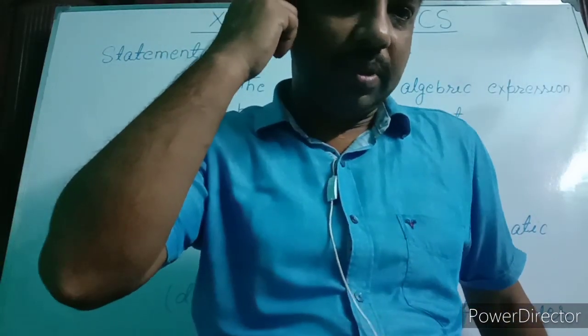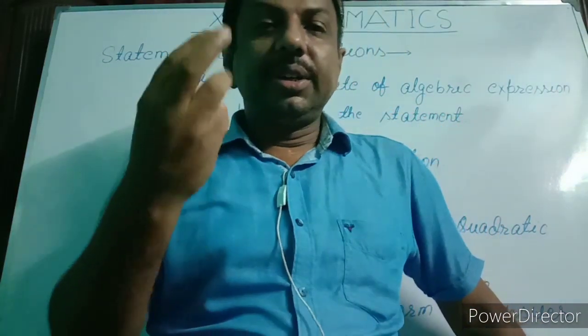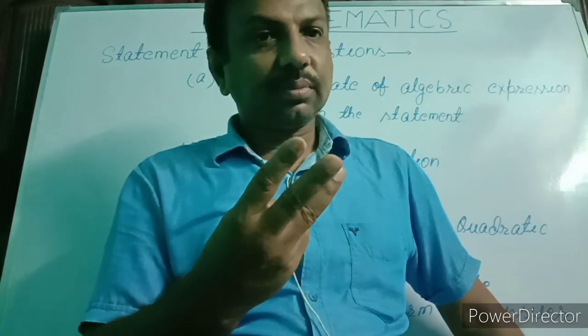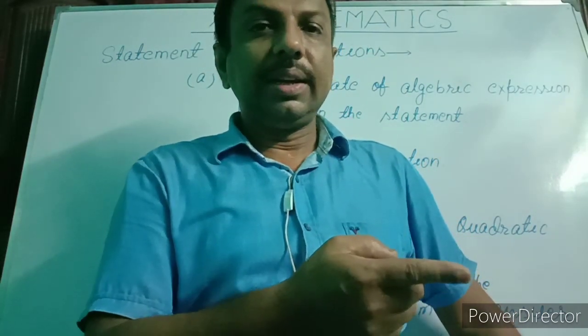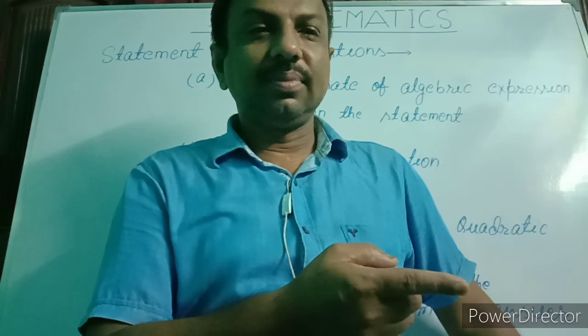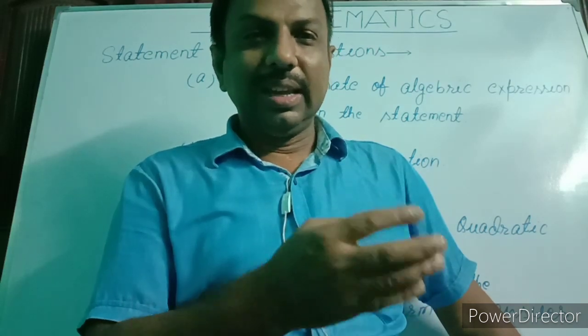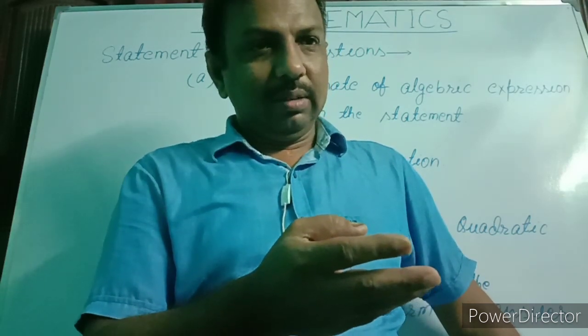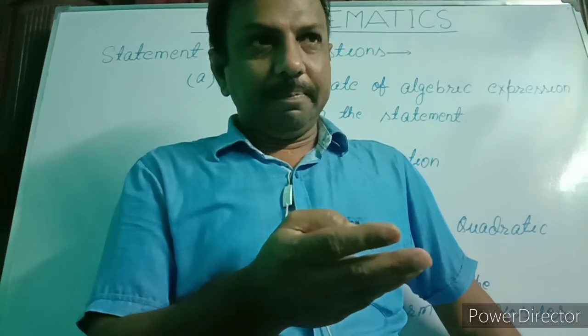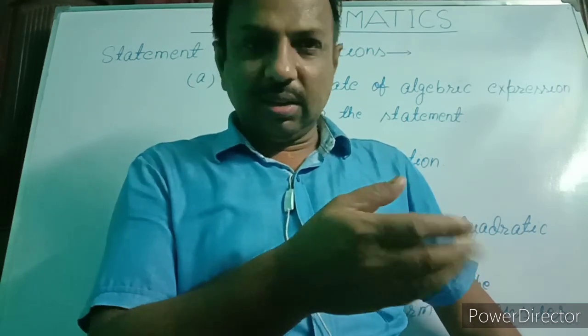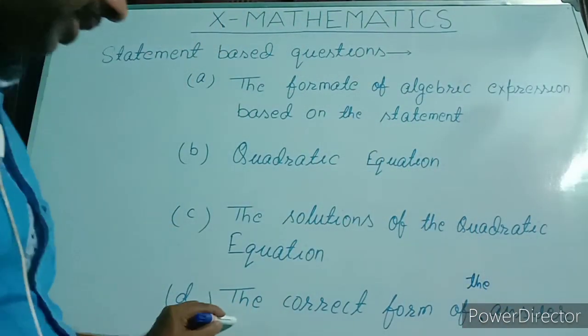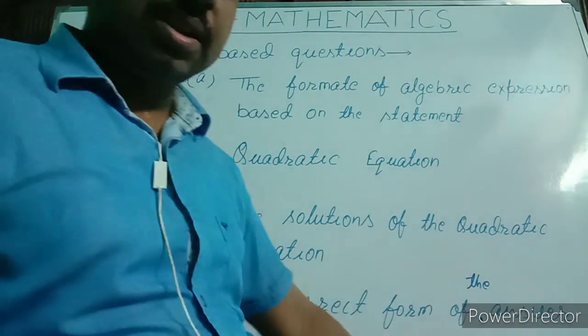For that, I have included three processes. The first process, given in the book, is called the factorization process. Second, the cross multiplication process. And third, the completing the square process. And at last, the correct form of the answer.